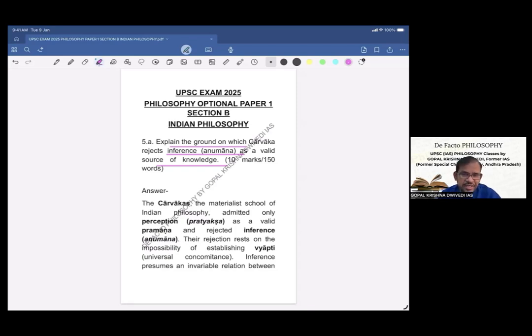Depending on what has been asked, you have to write. So here, the question is: the ground on which Charvak rejects inference as a valid source of knowledge. This is an easy question, basically one of the easiest questions of this paper. It's a direct question also, because most of you who have studied Charvak will know how to answer this. One more thing before I proceed: important words, terms, names and references have to be underlined in the actual exam.